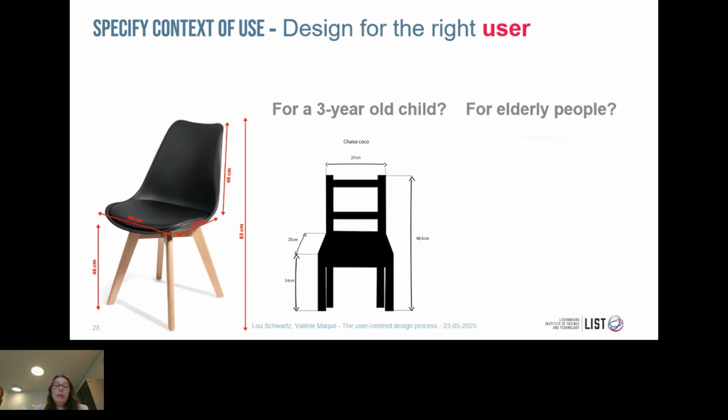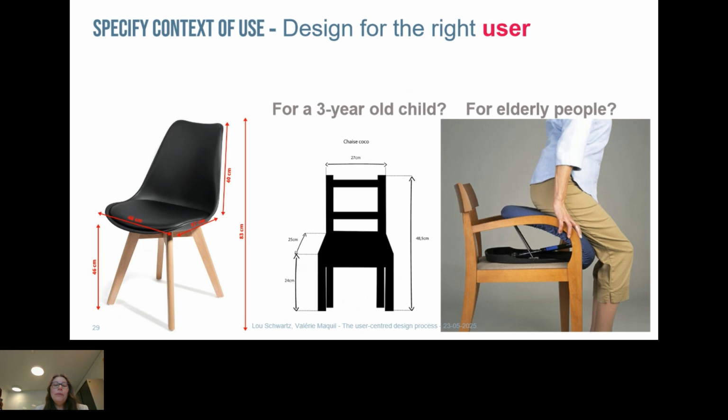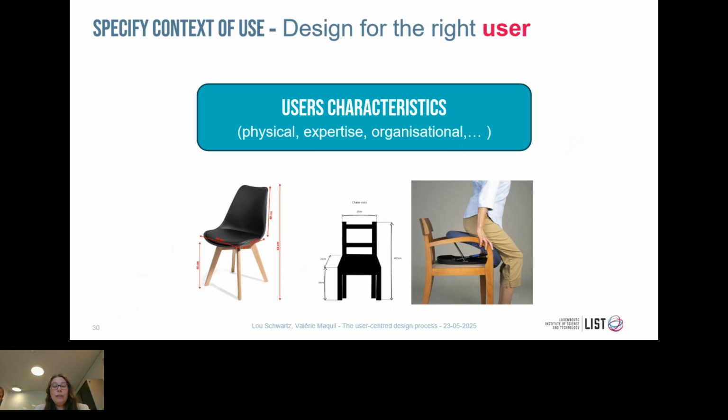And for an elderly person with mobility difficulties, the comfort will be different, perhaps with armrests to make sitting down and getting up more easily. So we can see that the design changes depending on the target user and their characteristics.